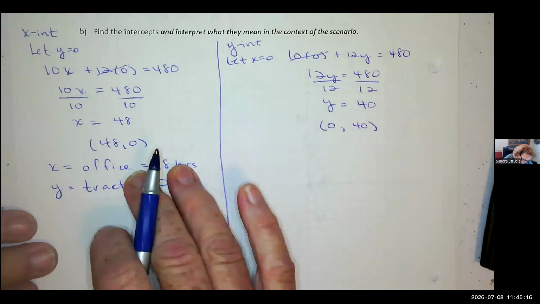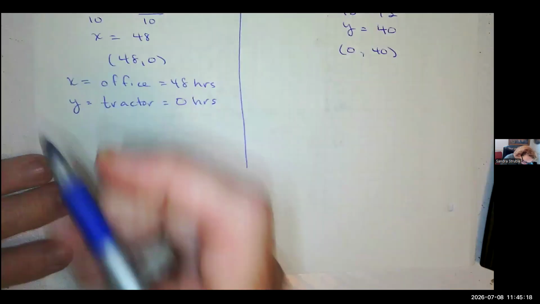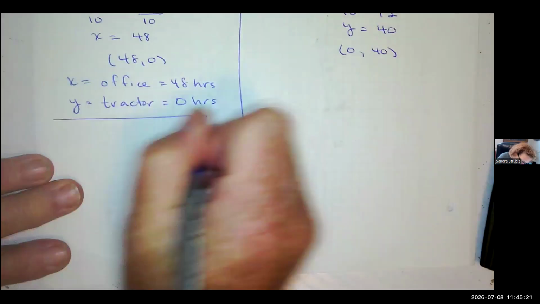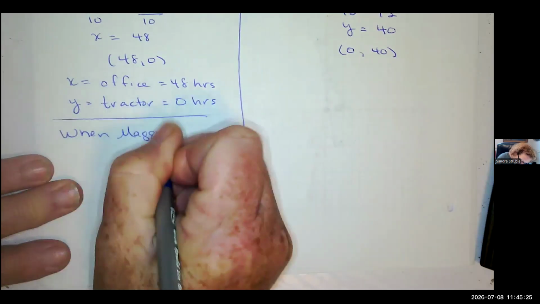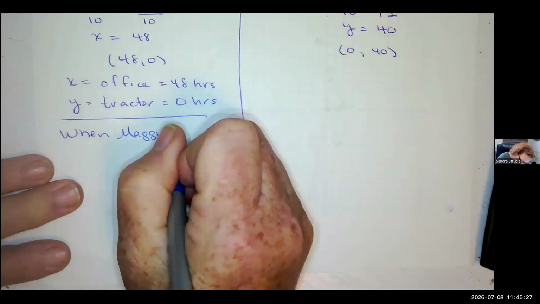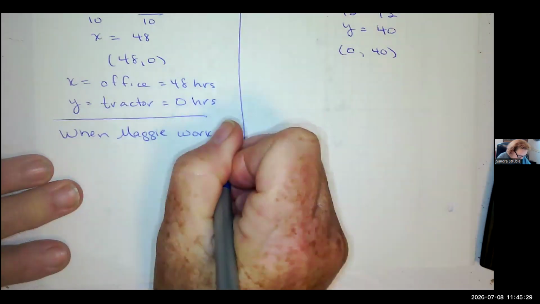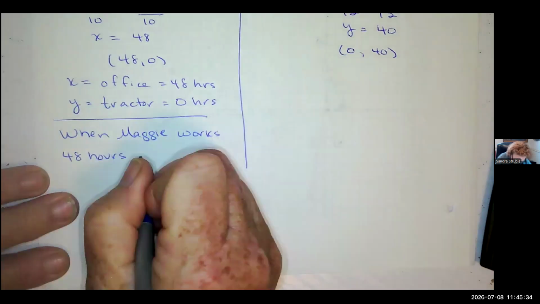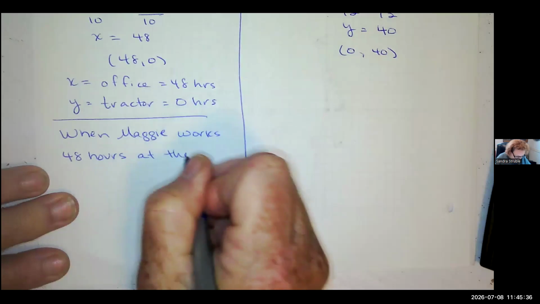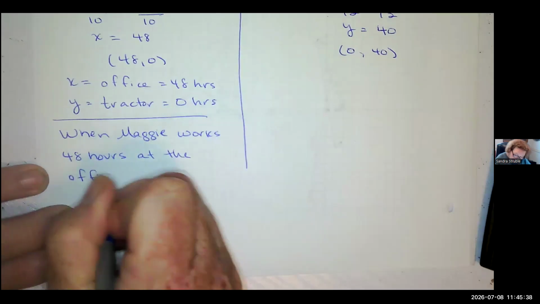So the sentence should be, when Maggie works 48 hours at the office, she works 0 hours on the tractor.